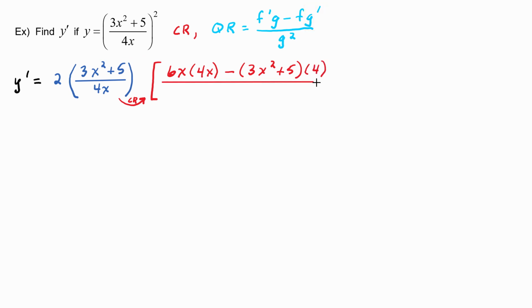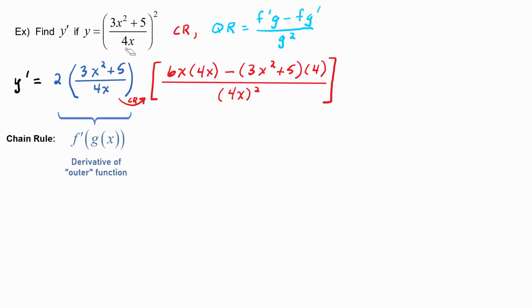That whole thing is over g squared, so the quantity 4x squared. So in terms of the chain rule, now we have f prime of g of x times g prime of x, and we just need to simplify.